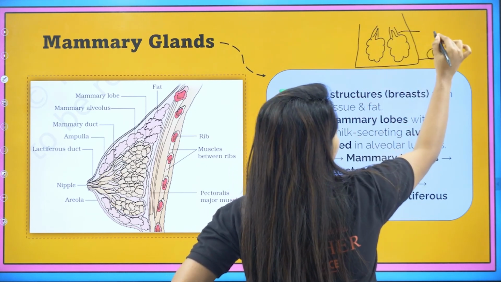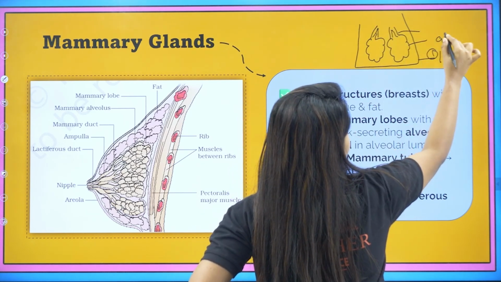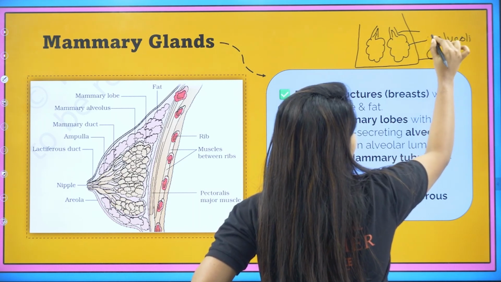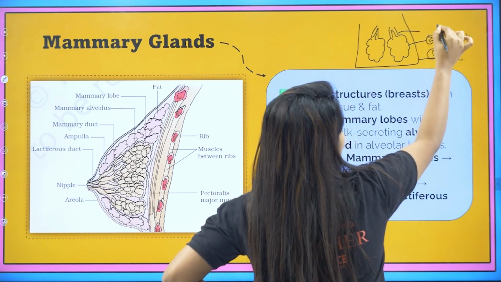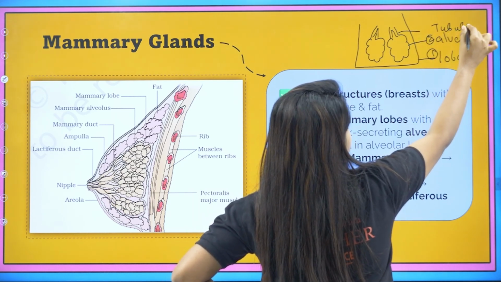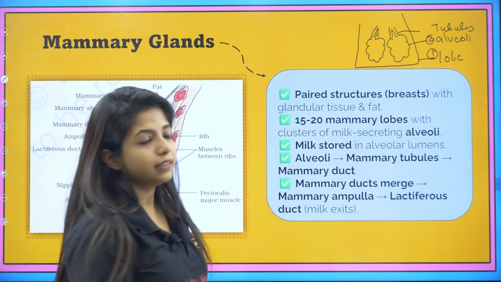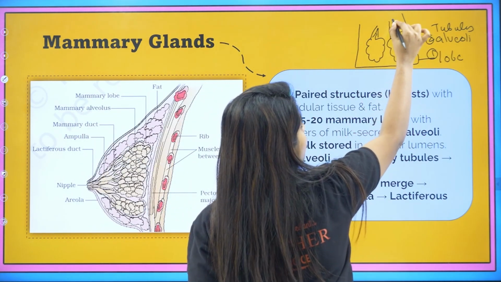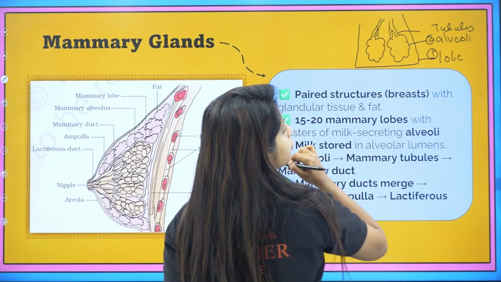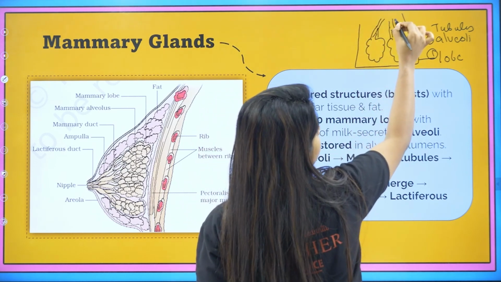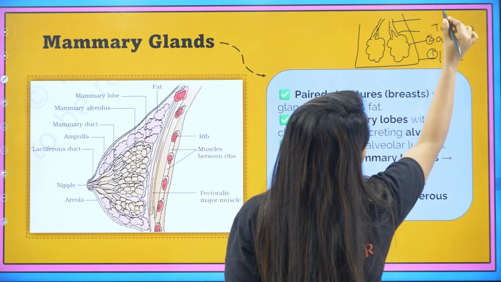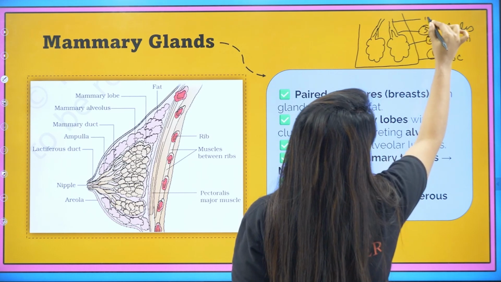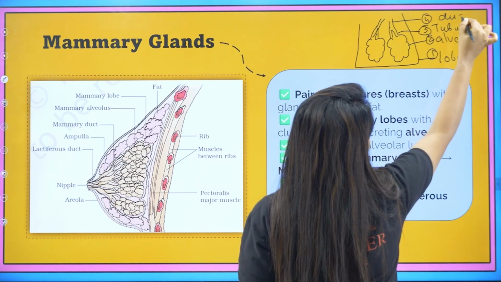I will write alveoli first. This is mammary alveoli in the second position, and it will be opening into tubules. These tubules will be forming a duct. Here also they will be forming a duct. So tubules come together to form the fourth thing, that is the mammary duct.